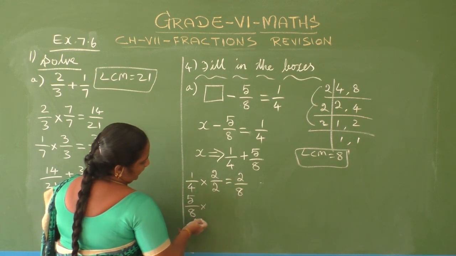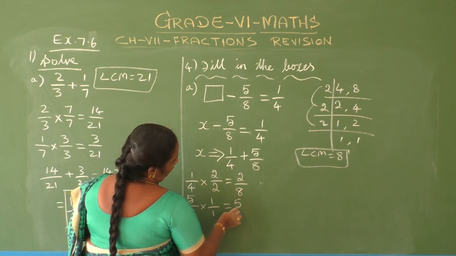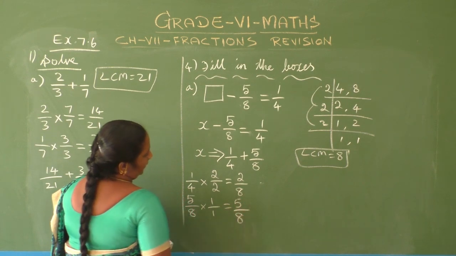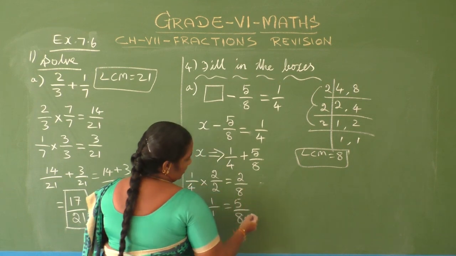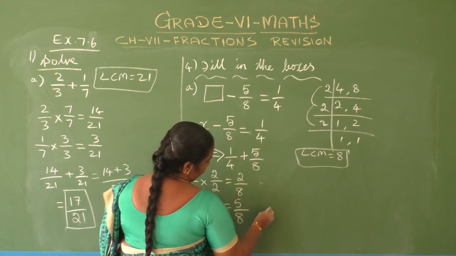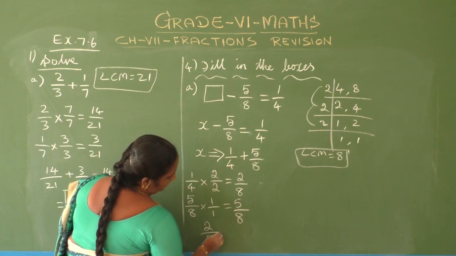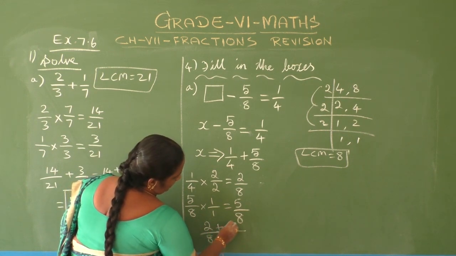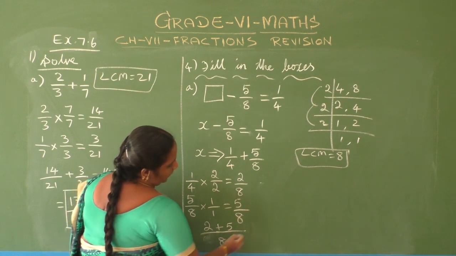And here in the denominator we already have 8, so I multiply by 1 by 1. 1 five is 5, 1 eight is 8. So I am going to add both fractions. Here 2 by 8 plus 5 by 8. It's a common denominator: 2 plus 5 by 8.